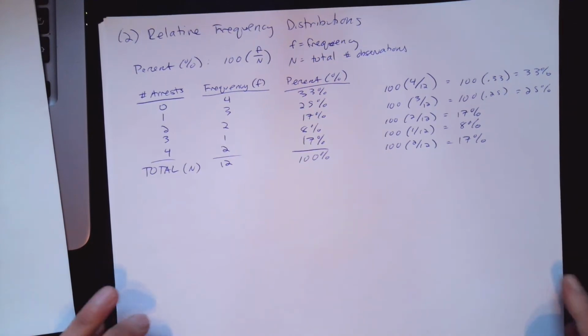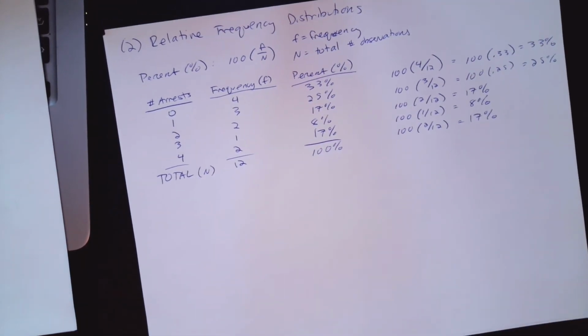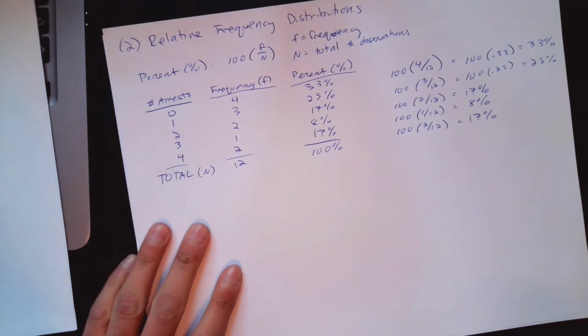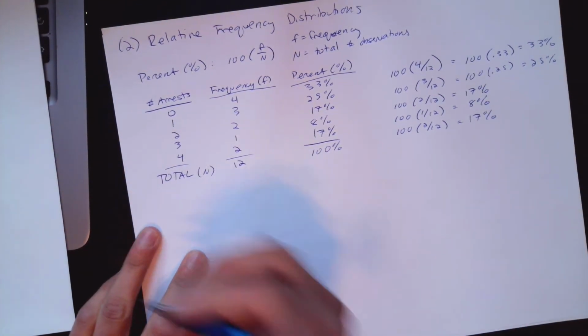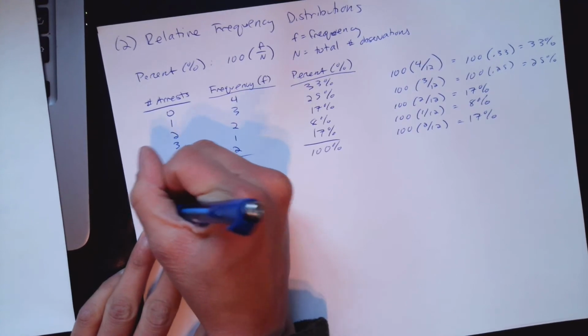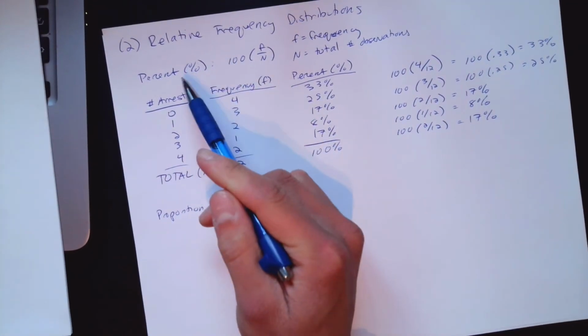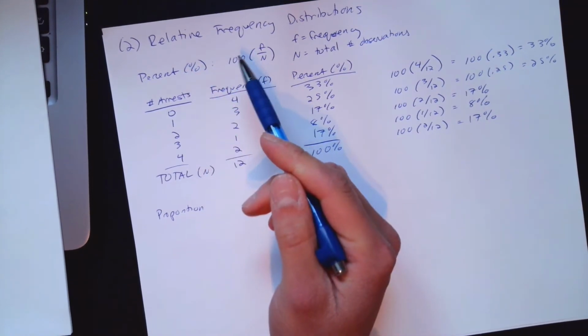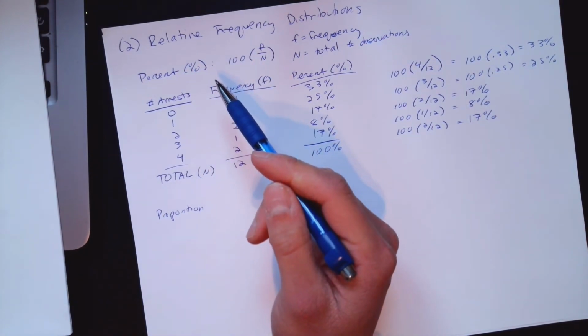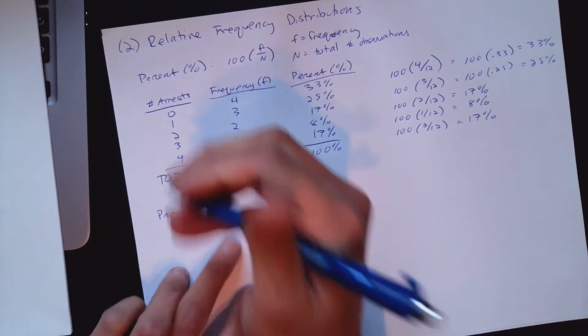So you can also do a relative frequency distribution in the form of a proportion, and it'll give you exactly the same kind of information. It's just the format that's a little bit different. So a proportion, instead of being a percent, that's a number from 0 to 100, is just a number from 0 to 1, and it's expressed in the form of a fraction.